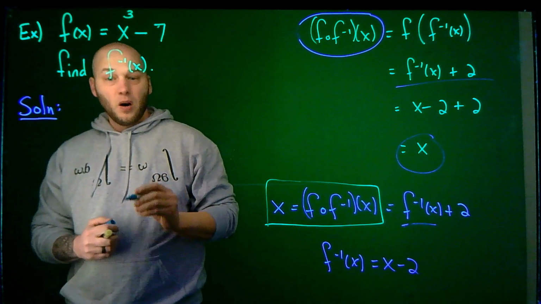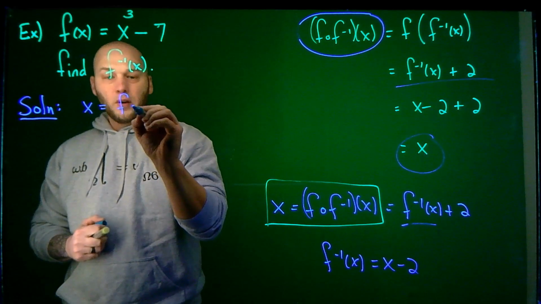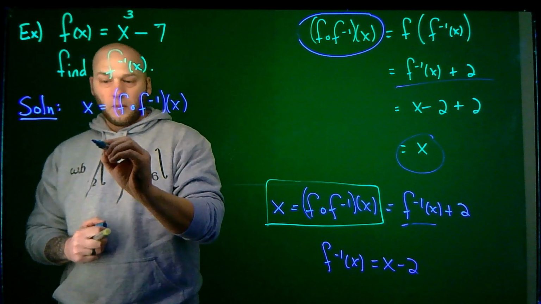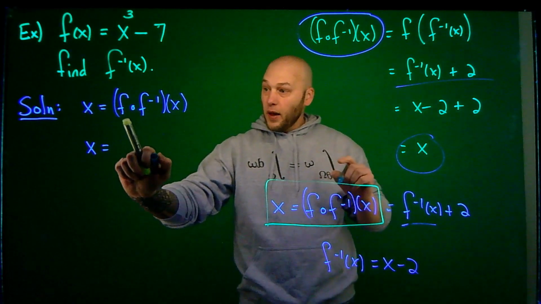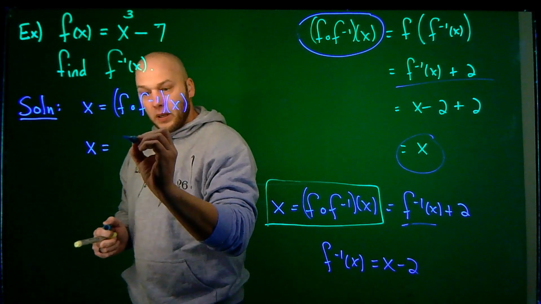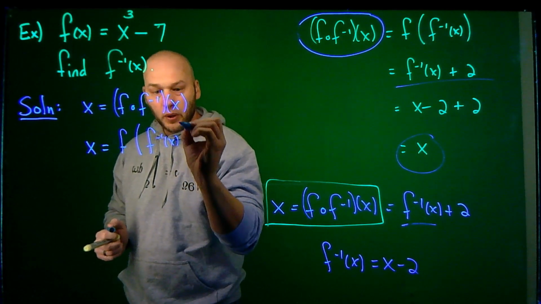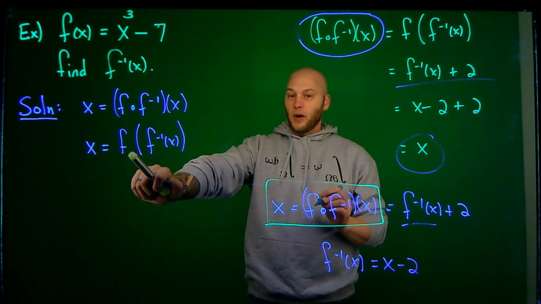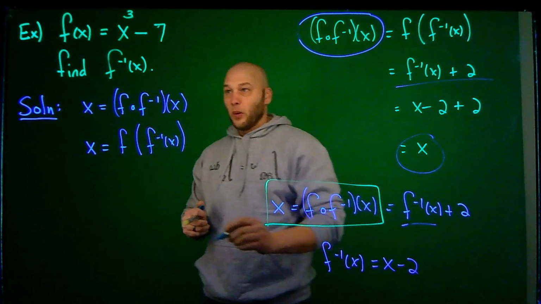I'm going to start with saying x is equal to f composed with f inverse. Now when I take the composition of f with f inverse, this means that I'm using f inverse as my new input. And where does the input go for the function f? Well, it goes underneath the cube and then before the minus 7.